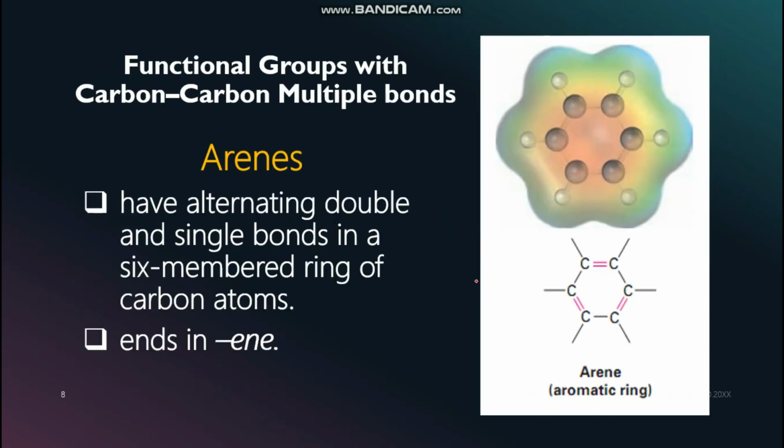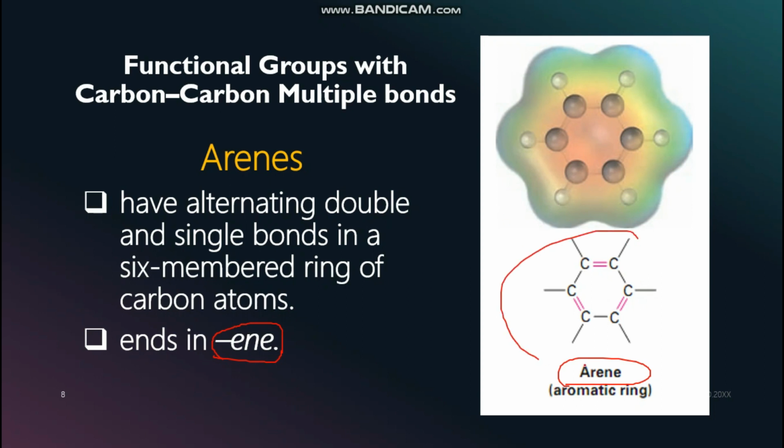So next we have the arenes. So the arenes have alternating double and single bonds in a six-membered ring of carbon atoms. So it ends in E-N-E. So we have this arene, just like benzene.